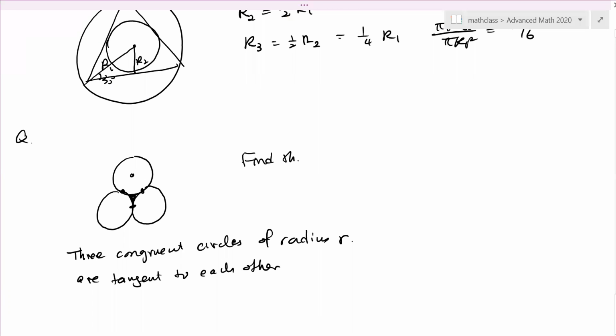Find the area of the shared region. So the region looks like that. But this is not a triangle. How can I do that? This is not a right triangle.